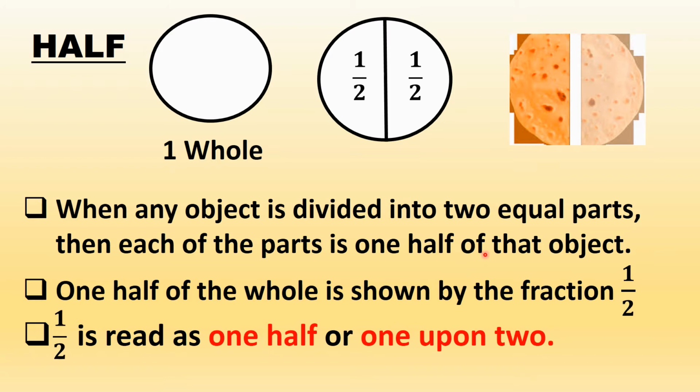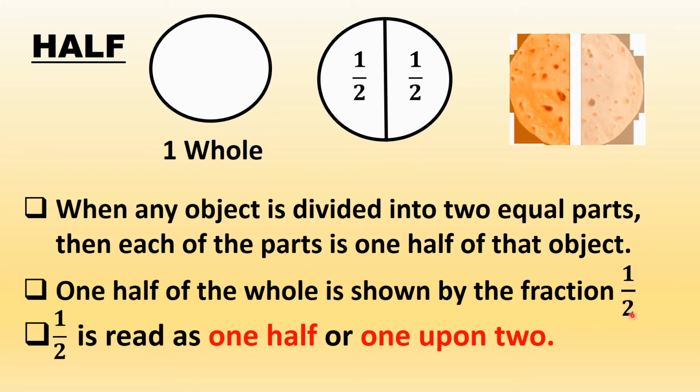Suppose one bhakri has to be divided equally between 2 people. When it is divided into 2 equal parts, each of the parts is 1/2 of the whole bhakri. So when any object is divided into 2 equal parts, then each of the parts is 1/2 of that object. So here one half of the whole is shown by the fraction 1 upon 2.